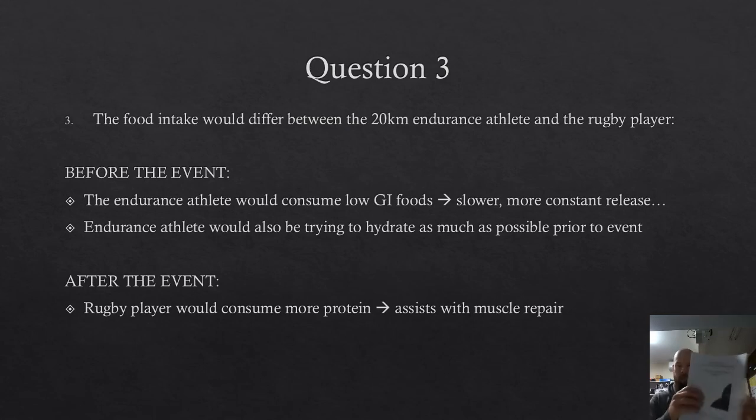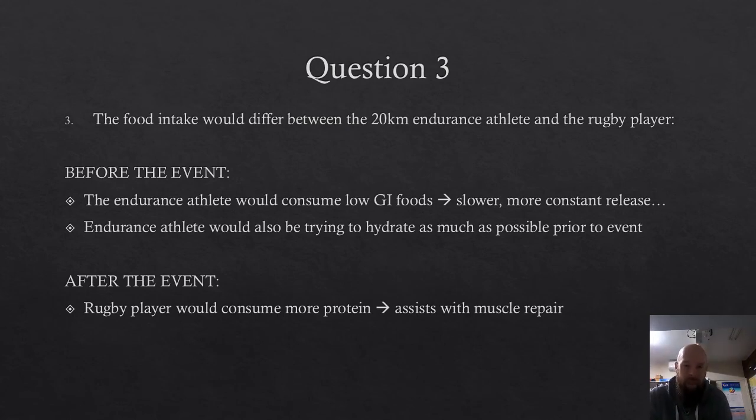So anyway, low glycemic index, so it provides energy at a more consistent rate. It's a slower release of energy. The endurance athlete is also going to be consuming as much fluid, water, Powerade, Gatorade, whatever it might be, prior to the event.